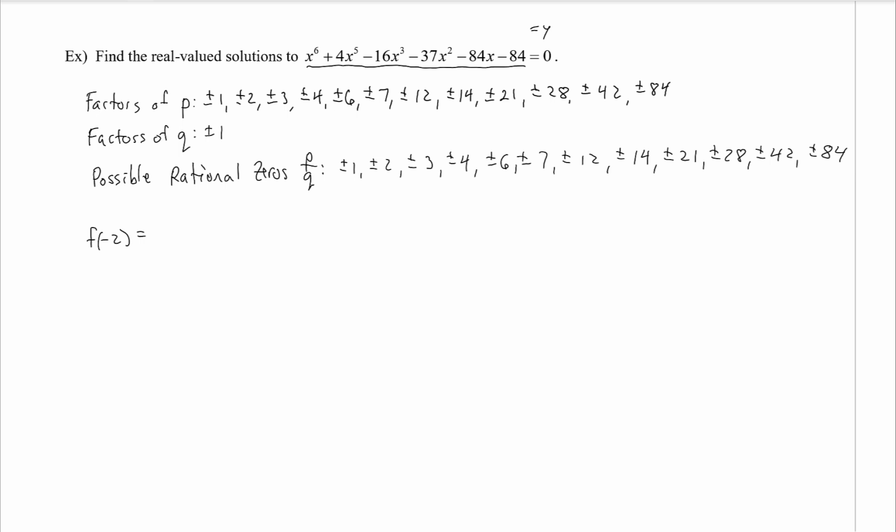So if I plug in a positive 2, I start to get some pretty big numbers. Let's check negative 2. So if I plug negative 2 in, let's see, 64, 32, I think we get 0.